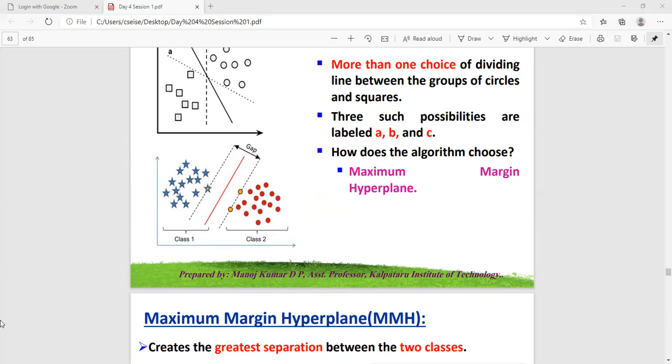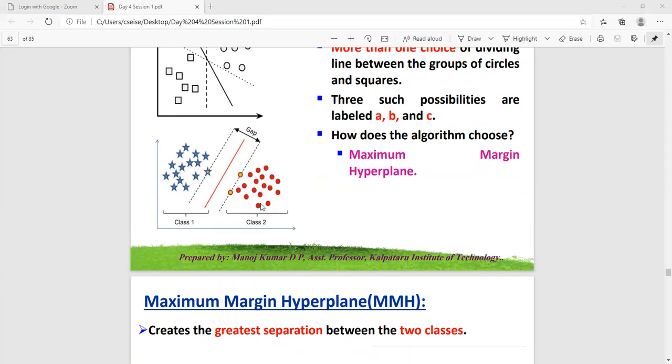You should not be too close to either group; you should have a maximum margin between the two groups. Take this as class 1 and this as class 2. Here to here there is a maximum margin, and here to here also there is a maximum margin.